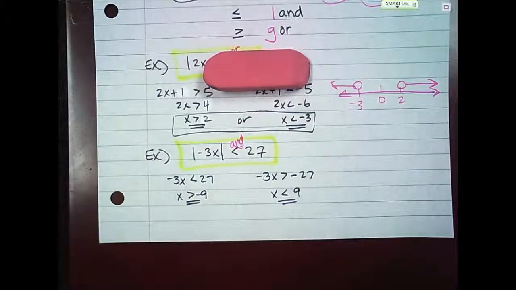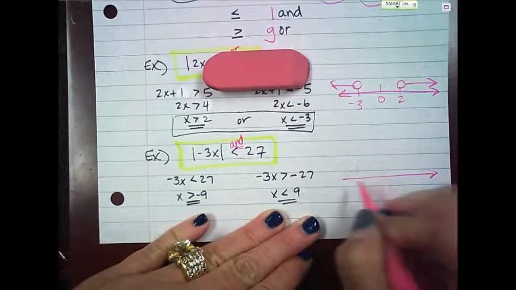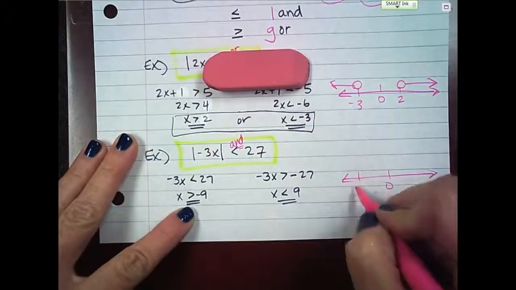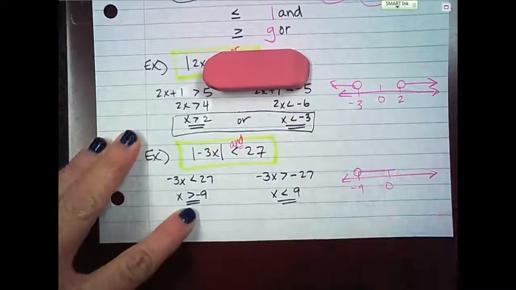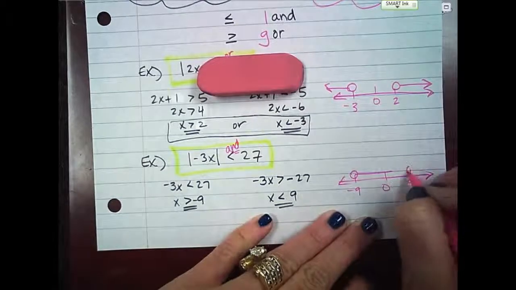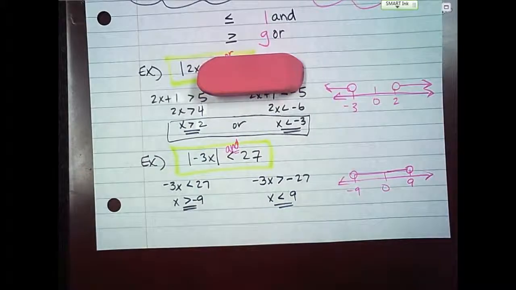And the answer is written differently, which is what helps you. So you know I can't just box that answer. And the reason is because look at what it looks like when you graph it. I want numbers bigger than negative 9. So you're going to go this way with the one line. And I want numbers that are less than negative 9. So you've got to go the other way with the other 9. That is not an or, right? How do you write the answer to that?